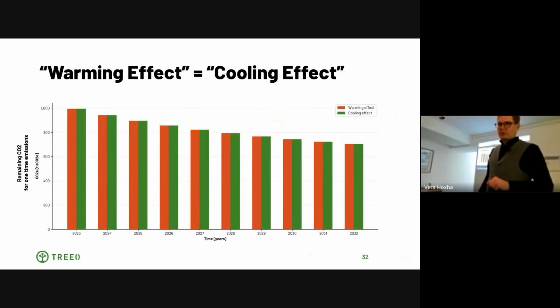Of course, you want to buy a carbon counterbalancing service, a cooling service, what we call it, that is matching exactly the emissions you're causing or the warming effect you're causing. So the red bars, the warming effect, and the green bars, the cooling effect, should match every year. And then you're fine.